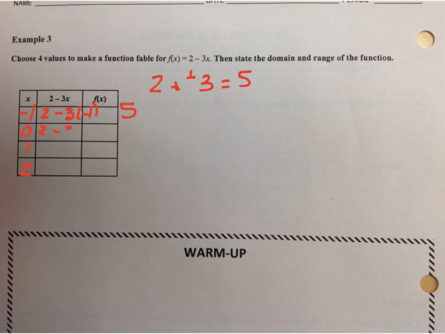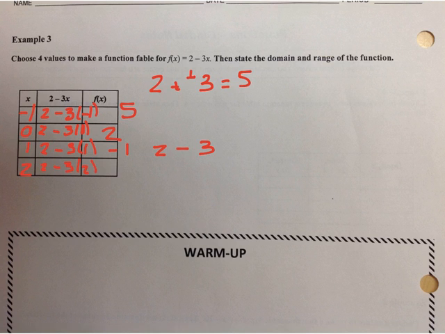2 minus 3 times 0. 3 times 0 is 0. And so our answer is just 2 there. 2 minus 3 times 1. 3 times 1, that's a -3, so 2 minus 3 is -1. And then 2 minus 3 times 2.